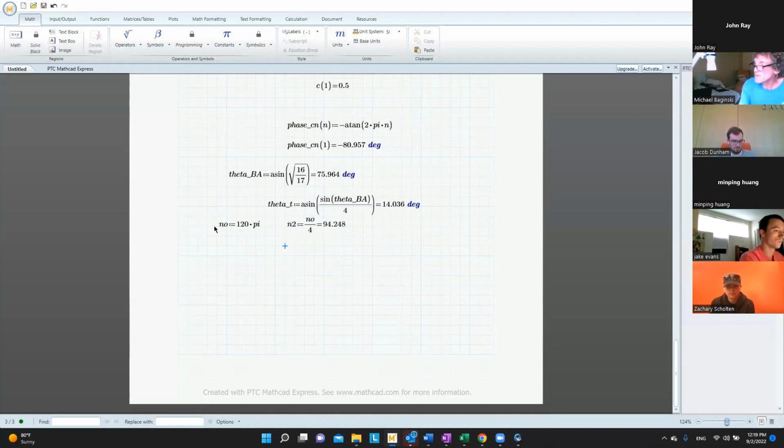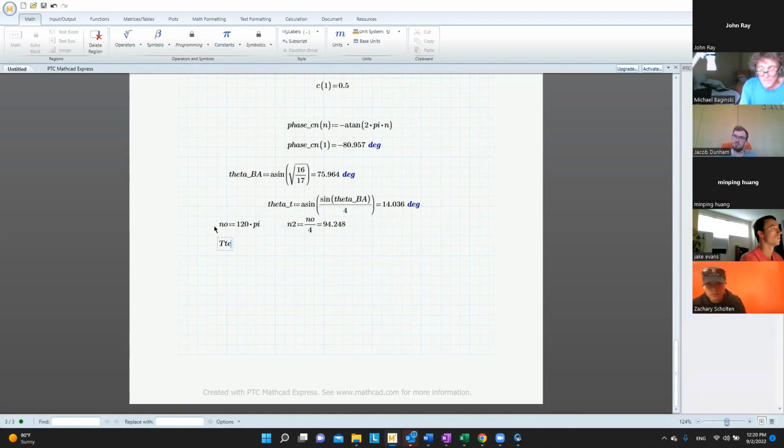Do y'all know what I'm doing here? It's technically the square root of mu over epsilon, but the square root of mu naught over epsilon naught is just 120 pi over the square root of epsilon relative, which is 16, the square root of that is 4. So that would be eta 2. Do you all agree with that? Next, I'm going to go ahead and set up what the reflection coefficient is. This is for the TE mode.